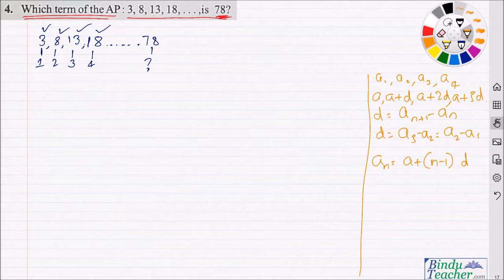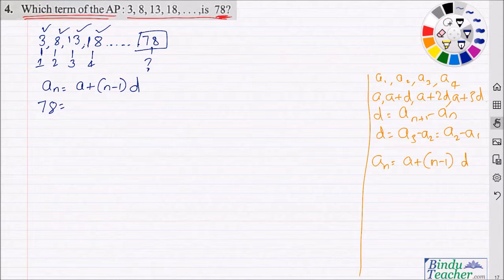Now let's apply this formula here. First we will write down A of n equal to A plus n minus 1 into D. Now it is given that A of n is 78, so we can write 78.